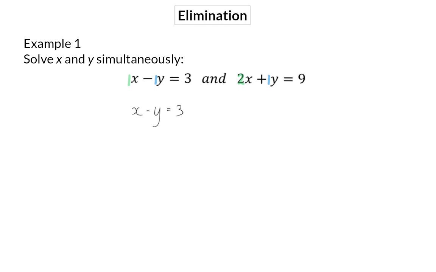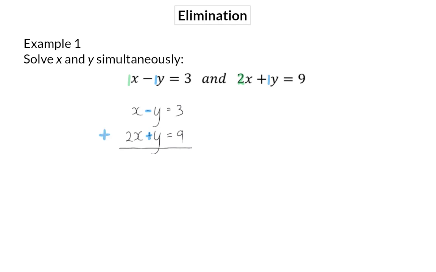To eliminate the y's, I'm going to take these two equations and write them underneath each other, and then I'm going to add up or subtract the like terms. That will be determined by the sign of the variable that we want to eliminate.